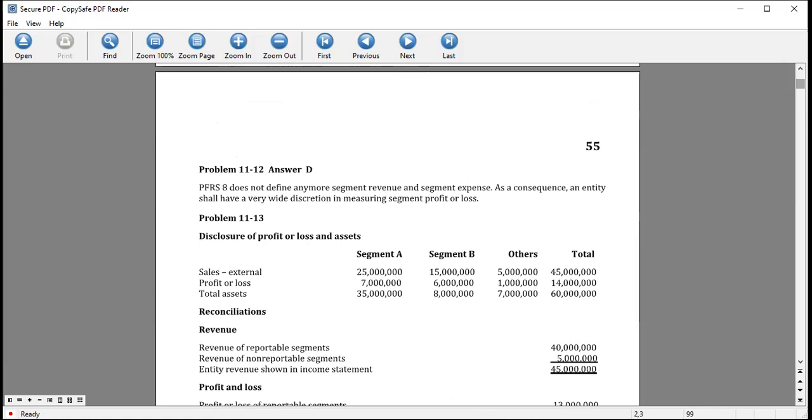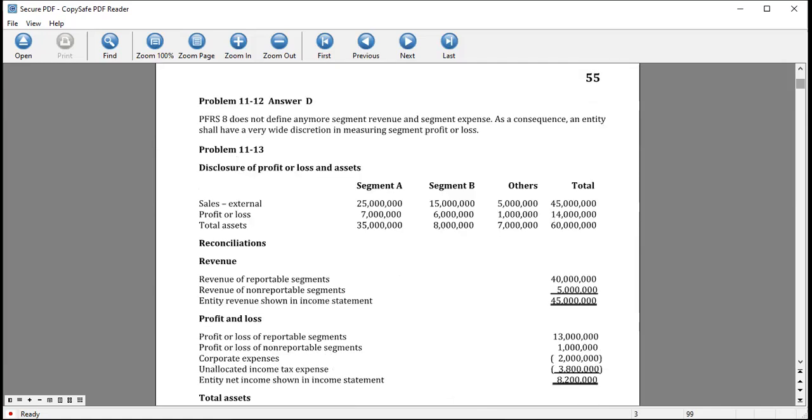Next, in number 12, what does the problem require? Number 12, for purposes of the segment reporting, what amount should be reported as segment profit? So the amount to be reported, it does not define anymore segment revenue and segment expense.